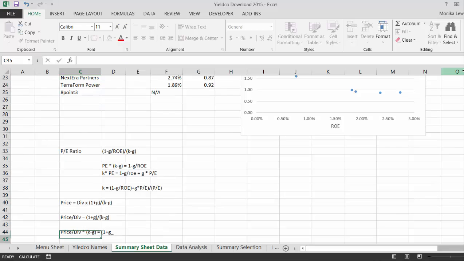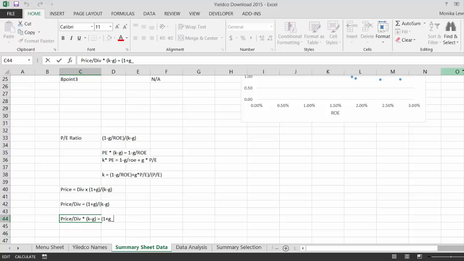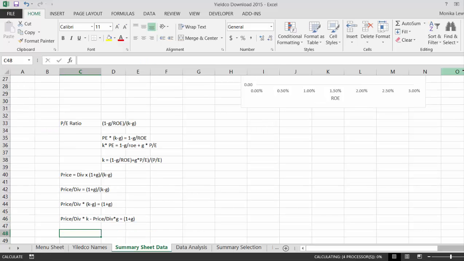Why is this taking so long? It should have been a lot easier. Okay, and we're looking for K, so price divided by dividend times K minus price divided by dividend times G equals 1 plus G. I thought the formula was just the dividend yield plus the K. What did I do wrong?